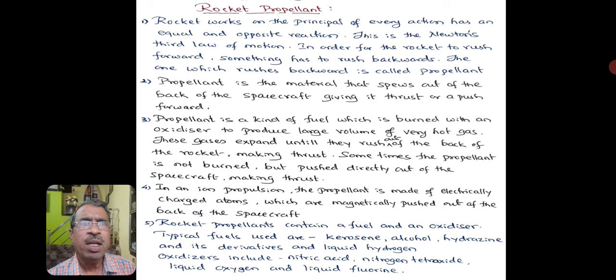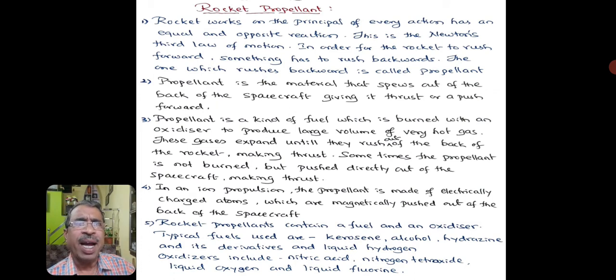The one that rushes backward is called propellant. Some gases come out from it, and those gases are called propellant. Propellant is the material that spews out of the back of the spacecraft, giving it thrust, or a push forward.